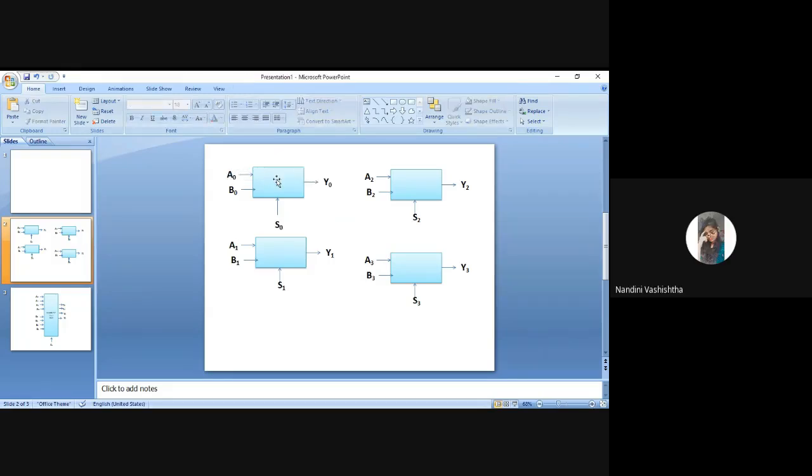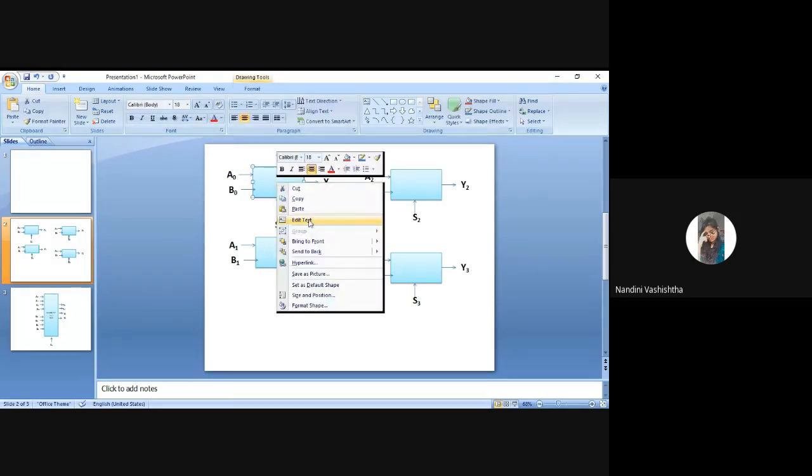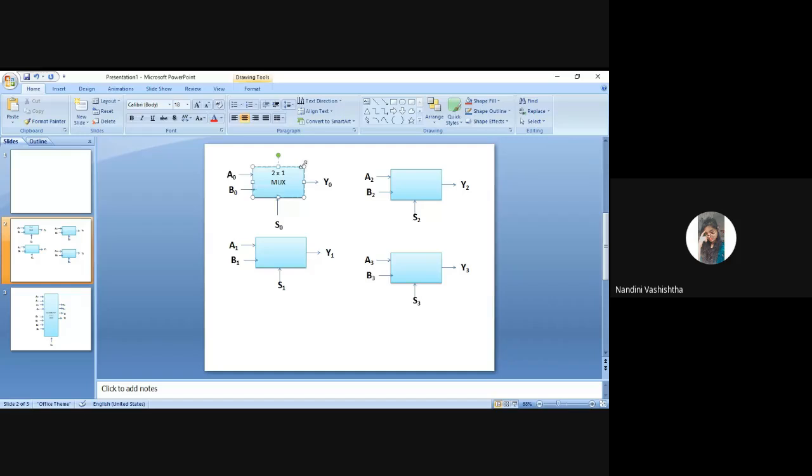The first mux will get enabled, I guess. A0 will be the output. That means A0 will be connected to Y0. Is that right? Yes, ma'am.